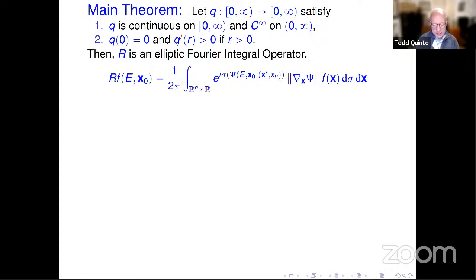What we check is that this psi is a regular phase function, and that under our assumptions, this weight is never 0. So it's a Radon transform with non-zero weight, which makes it an elliptic Fourier integral operator because the phase is a clean phase function.